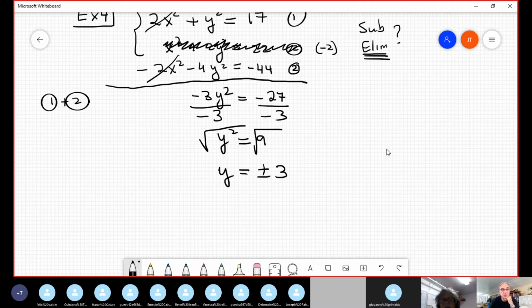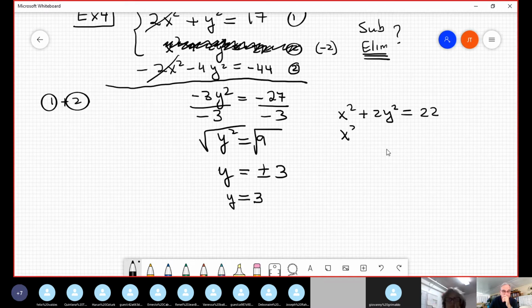In this case, I rewrite equation number 2. I just copy it here. So y equals 3, positive.